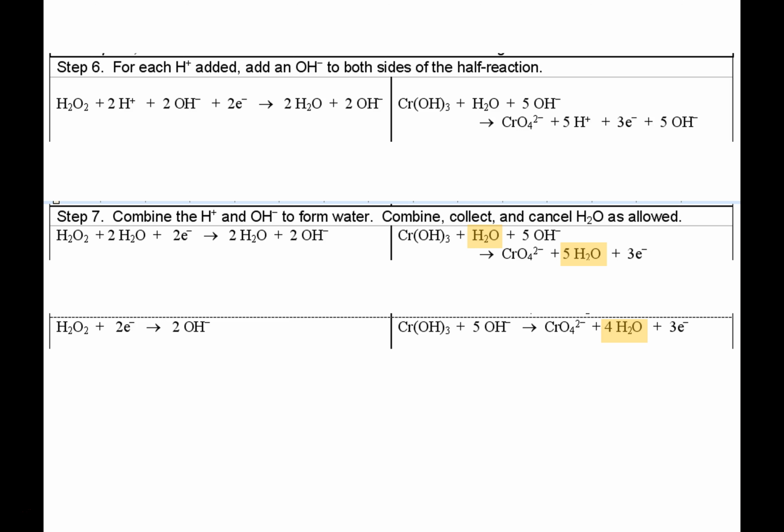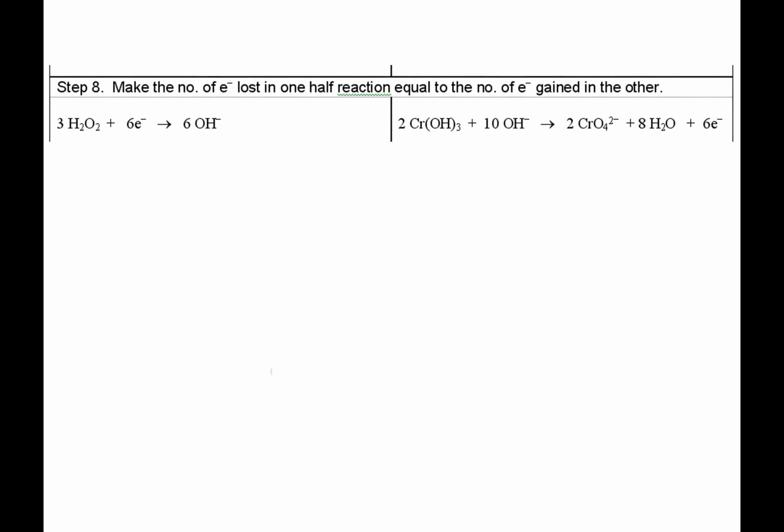So the lowest common multiple is 6. So in this case, it's pretty exciting. We need to scale up both half reactions. So we multiply the one on the left through by a factor of 3 and the one on the right through by a factor of 2. Bringing up their stoichiometric coefficients, that gives us 6 electrons and 6 electrons. I love redox reactions.